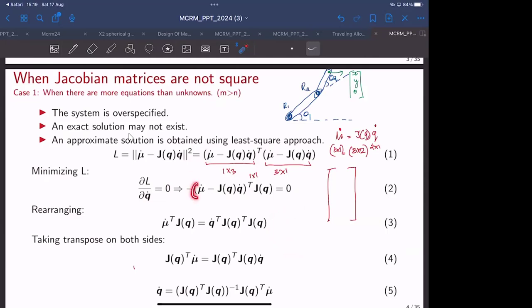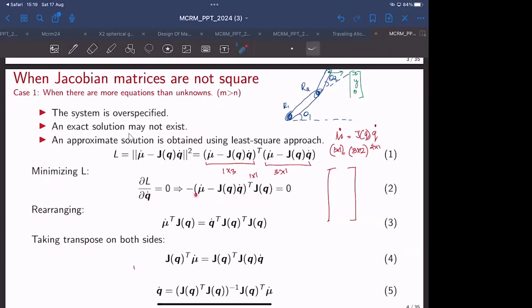So 2 is neglected, and there's a coefficient in front of Q dot, so that is carried over here, right? So now what will be the order of this? This would still be 1 cross 3, and the Jacobian matrix would be 3 cross 2. So this makes it 1 cross 2.